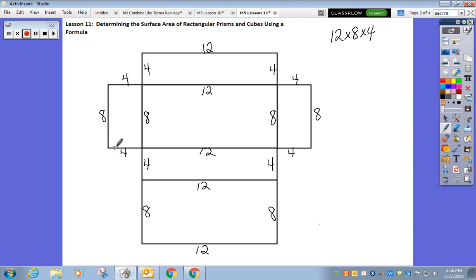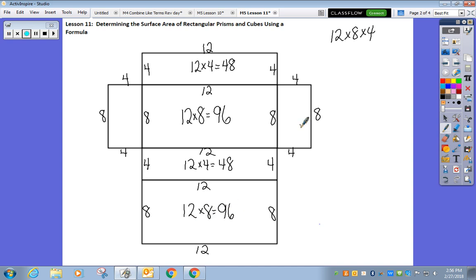Okay, so if we want to find the surface area of this, I would find the area of each. So this is a 12 by 4, so 12 by 4 would be 48. This would be a 12 by 8, which would be a 96. Another 12 by 4, which is a 48. Another 12 by 8, which would be another 96.